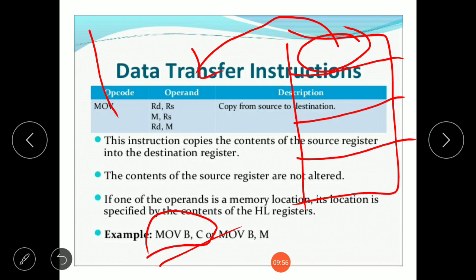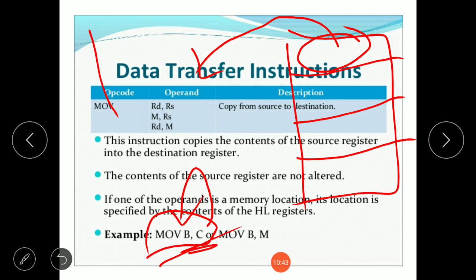and after fetching, when the opcode reaches the microprocessor, it will decode and come to know that it has to copy the content of the source register and store it into the destination register. Since all the registers mentioned in the instruction are within the microprocessor, no extra machine cycle will be required for memory read or memory write.